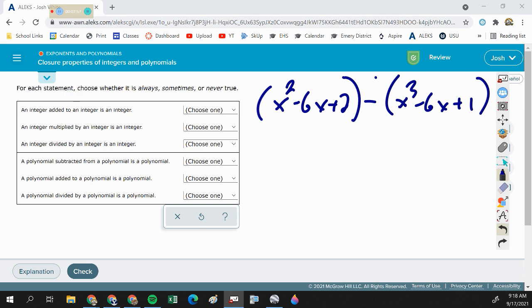And if a polynomial is added to a polynomial, is that still a polynomial? Yes. What about a polynomial divided by a polynomial? No. Polynomials are not allowed to have variables in the bottom. So the division rule does not work. Okay.